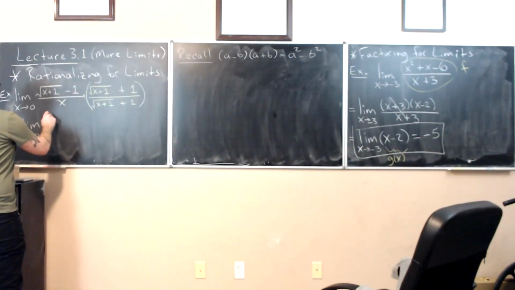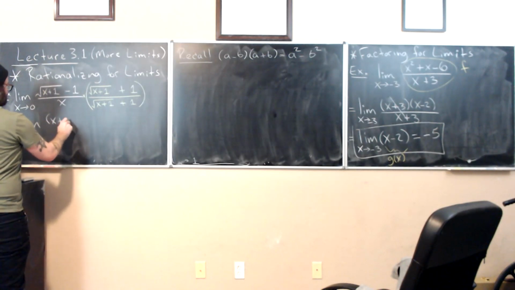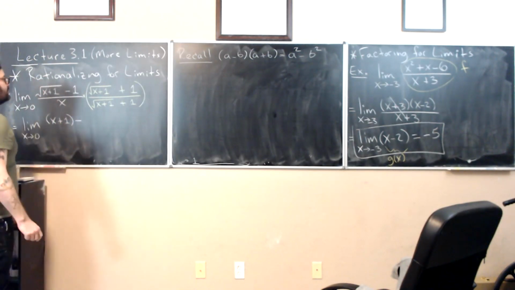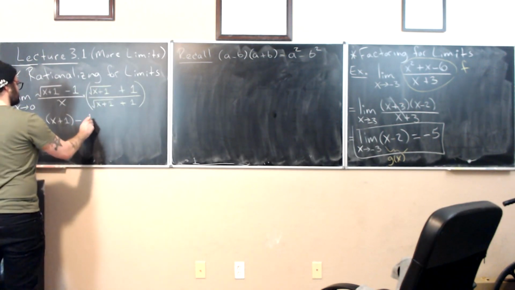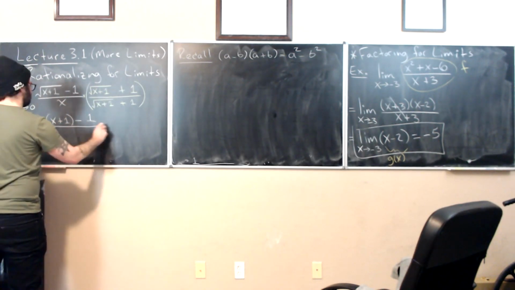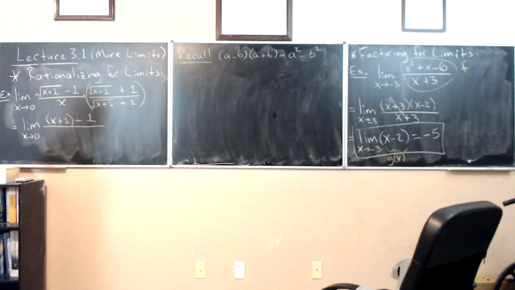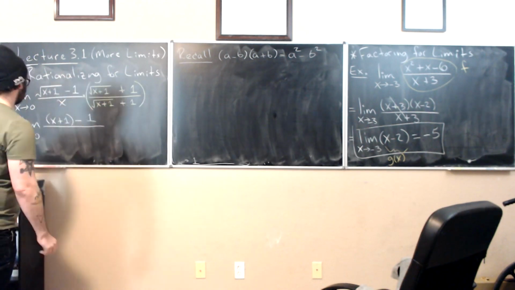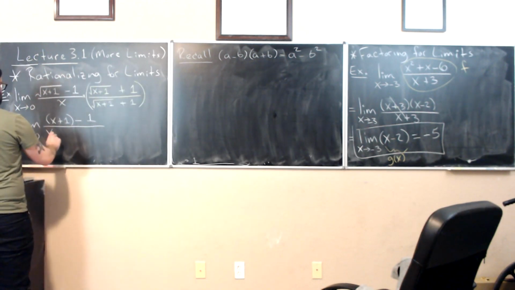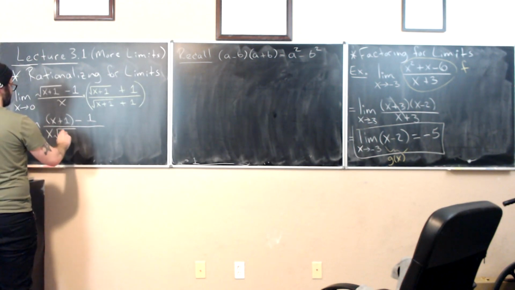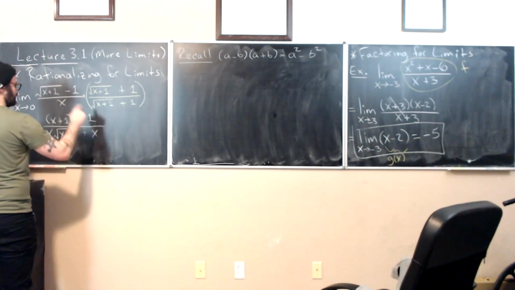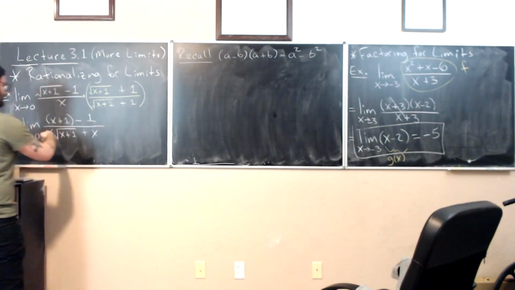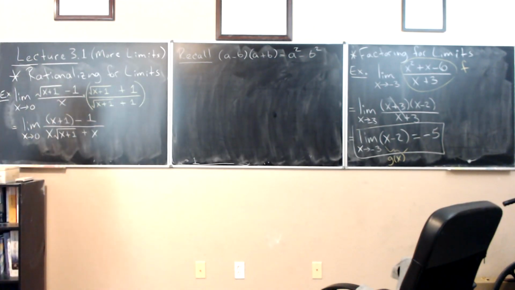So I'll have x plus 1 minus b squared. B in this case is just 1. So get that. And then in the denominator, I get x times all this business. I'll just distribute it out. So x times that value plus x times that value is just that. Okay.